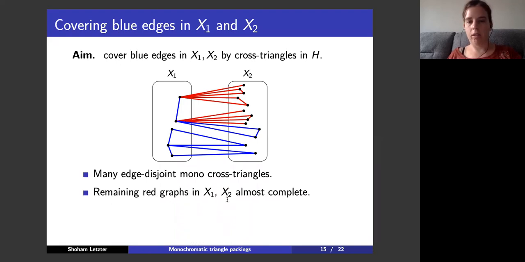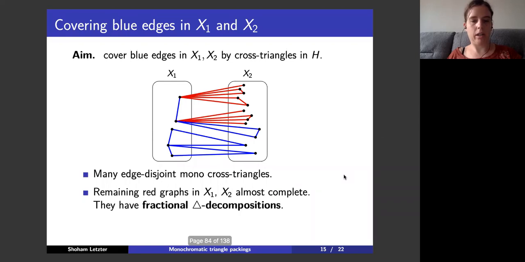Now, let's look at the red graphs in X1 and X2 minus maybe these edges that I used for these cross triangles. So these guys are almost complete, like they're missing some linear number of edges.